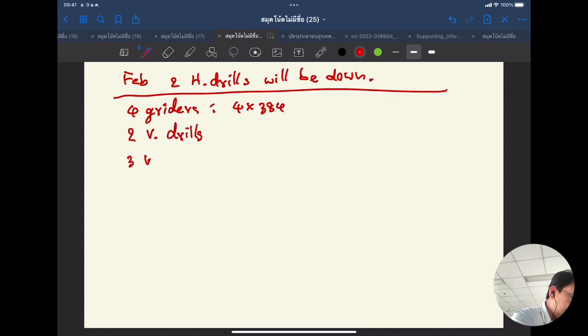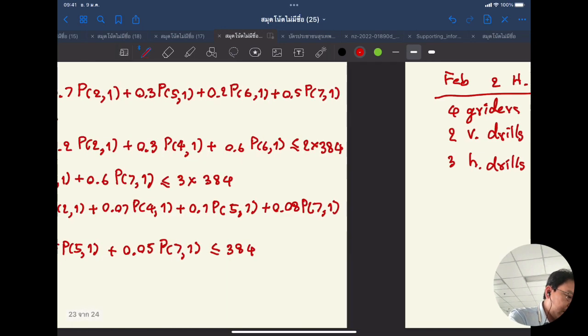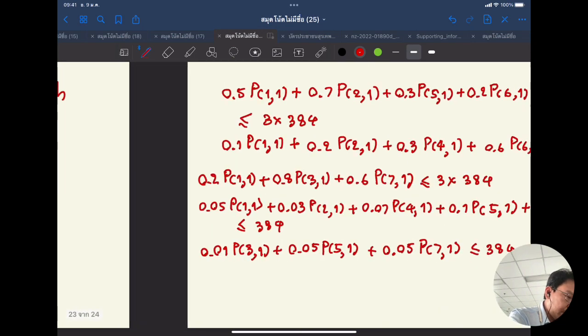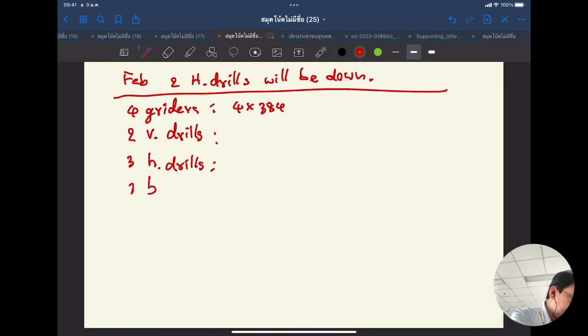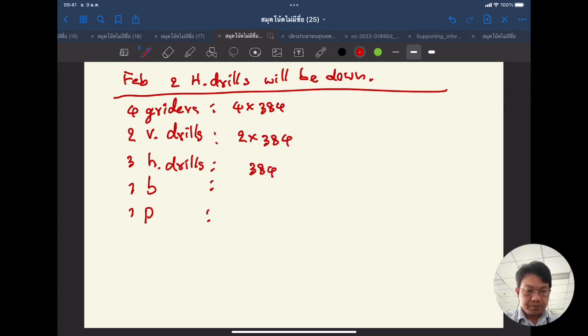We have 3 horizontal drills, but 2 of them will be down, and 1 borer, 1 planer. So for this one we have 384, because 2 are already down, so we have only 1. And this would be 384.